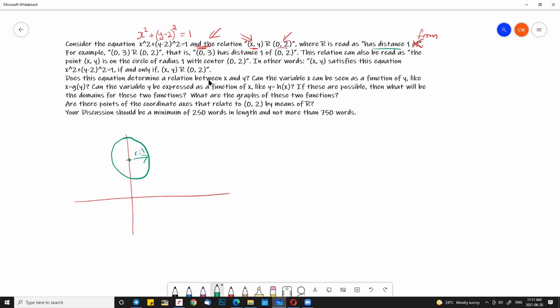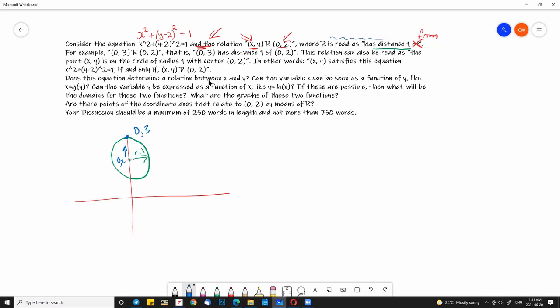That's what it says, it has a distance of 1. For example, (0, 3) will be here. This is (0, 2). It will have a distance of 1, right? So (0, 3) R (0, 2) satisfies what they're talking about here.